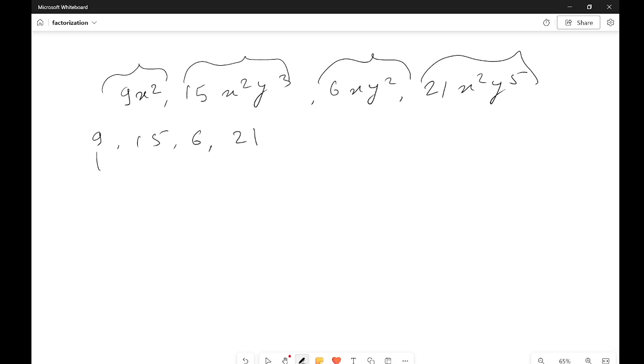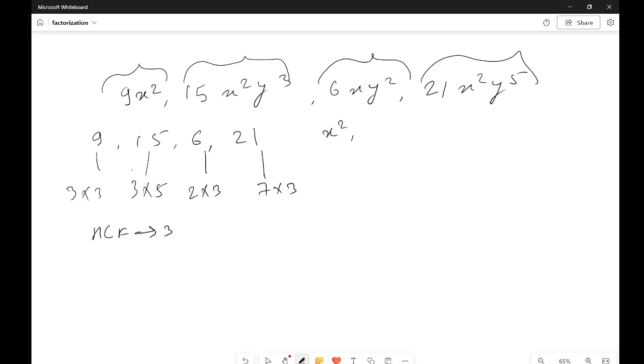Now let's break it. 9 can be 3 cross 3, 15 can be 3 cross 5, 6 can be 2 cross 3, and this can be 7 cross 3. Now let's see what's common. In all the expressions, the constant part common HCF is 3.